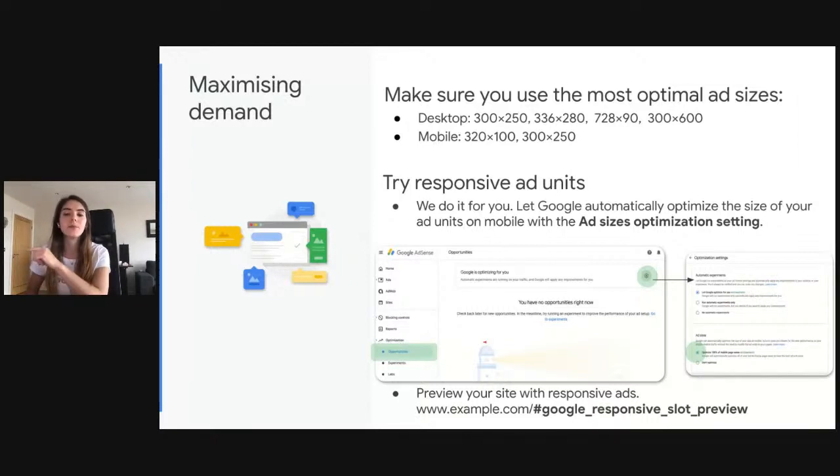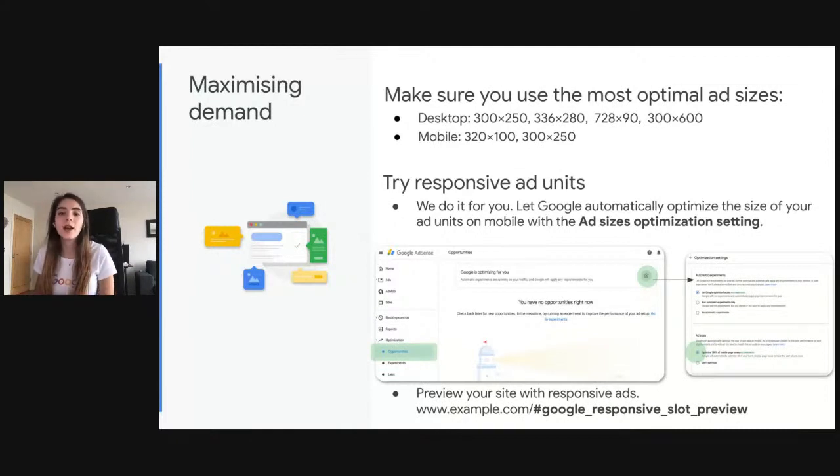And then we have horizontal sizes like 728 by 90, or a vertical ad size, 300 by 600. These are the ad units that work better if you want to commit to a fixed ad size.